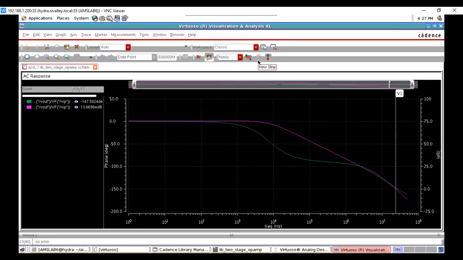But whatever I have designed is not for 45, it should be 60° at least. We know how the phase margin affects the transient response of our Opamp. The lower the phase margin, the higher the settling time, and vice versa.